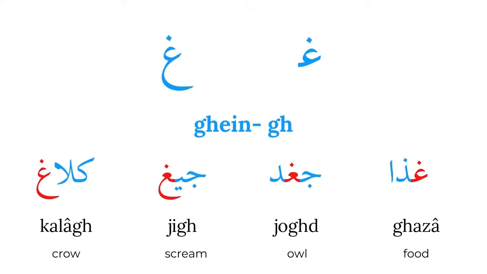Only this one has a dot. So that means that this one also has 2 basic forms, but depending on whether or not it's connected, it's going to look a little bit different in words. So we have 4 different forms, just like ain, only with a dot. So our examples here are غذا, جغد, جیغ, کلاغ.